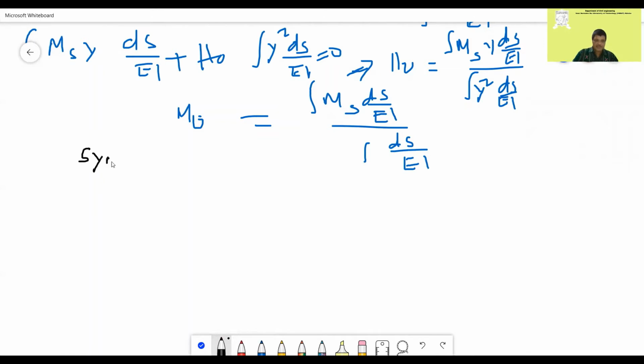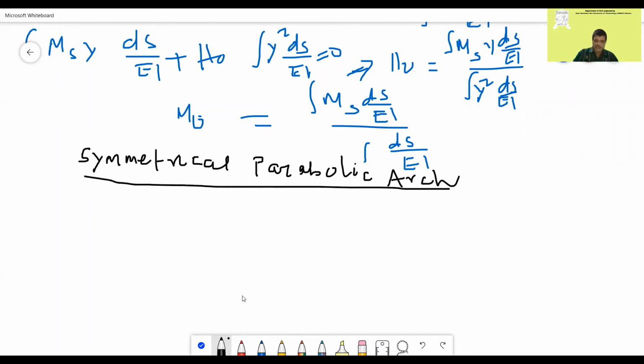In the symmetrical parabolic arc, we will see one thing we have to find out. What will we find out now?